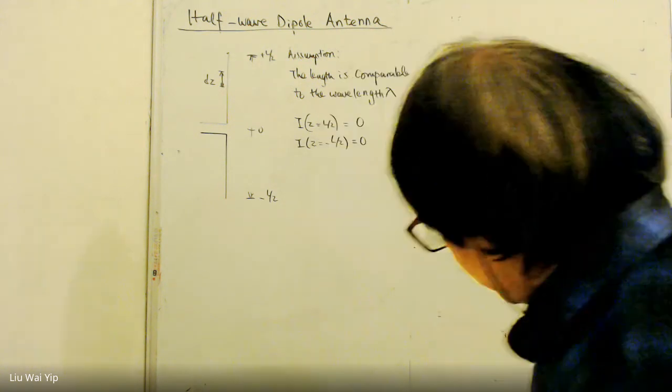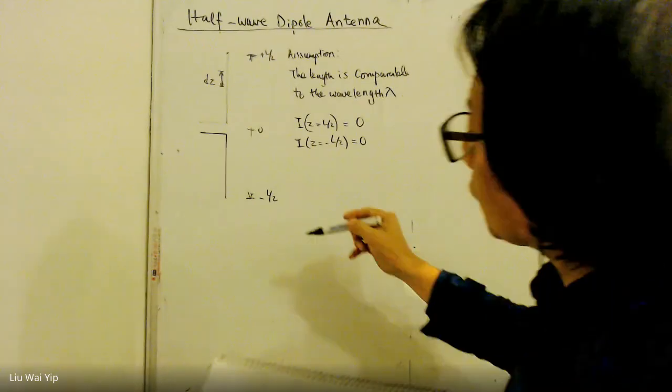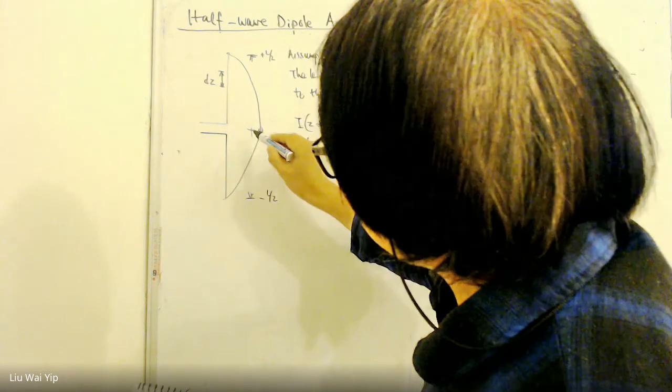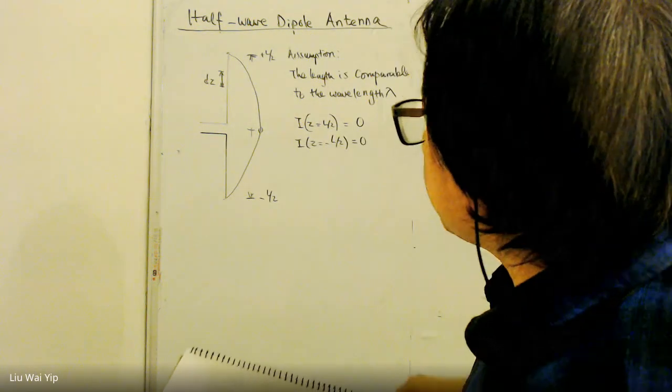On the other hand, we assume the current to be sinusoidally distributed. The maximum is going to be at the middle.